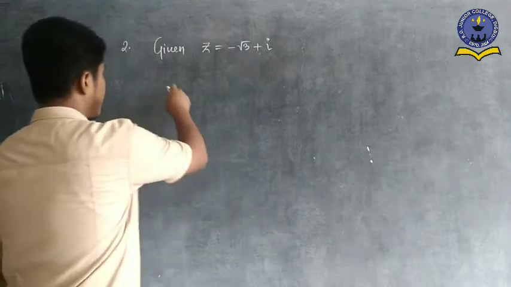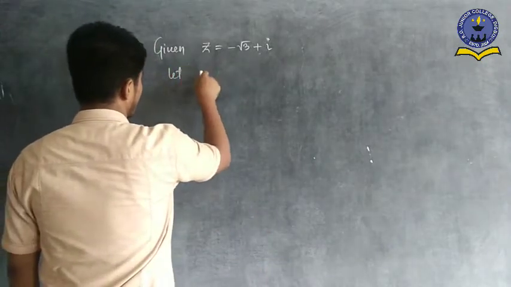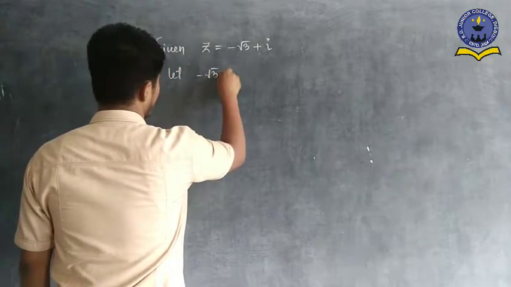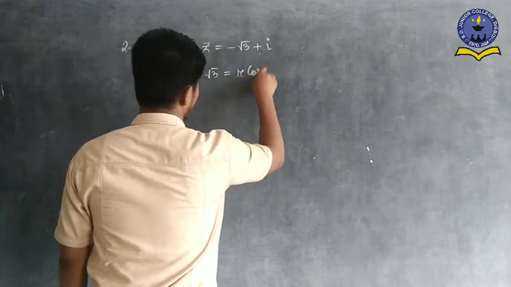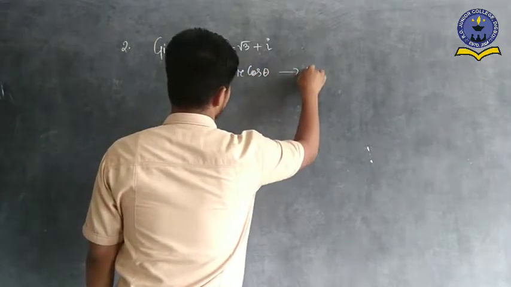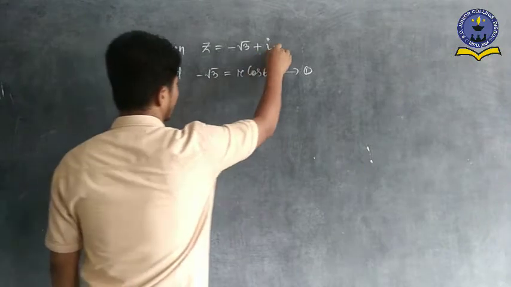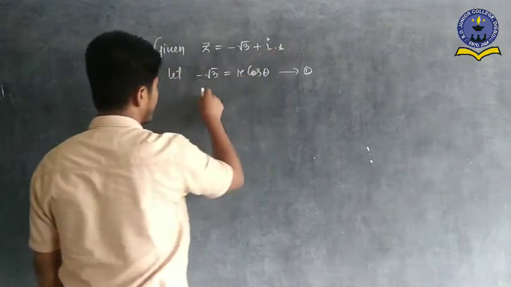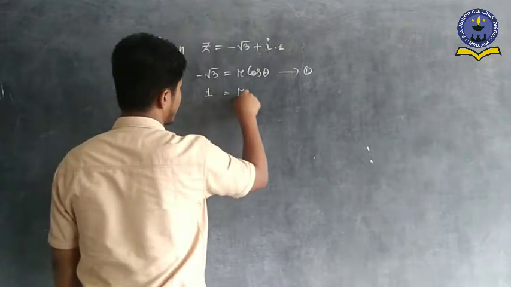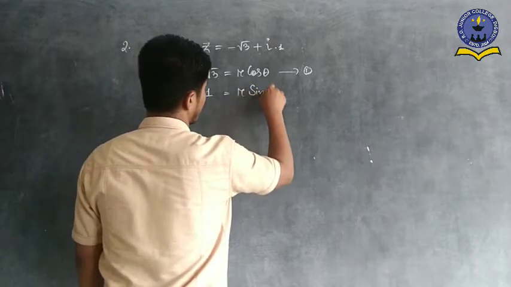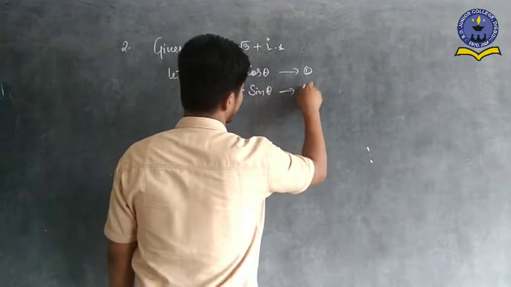So that's why we have to write, let minus root 3 equal to r cos theta. We put this as equation number 1, and then i means i into 1, so we write 1 equal to r sin theta, and this is equation number 2.